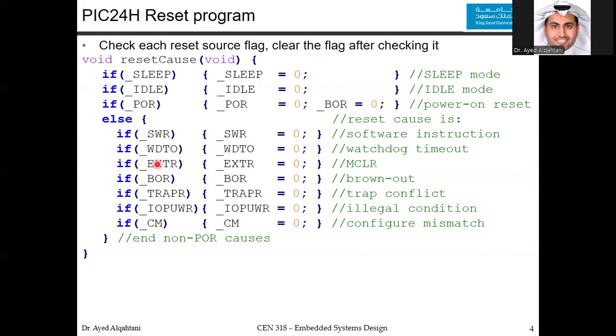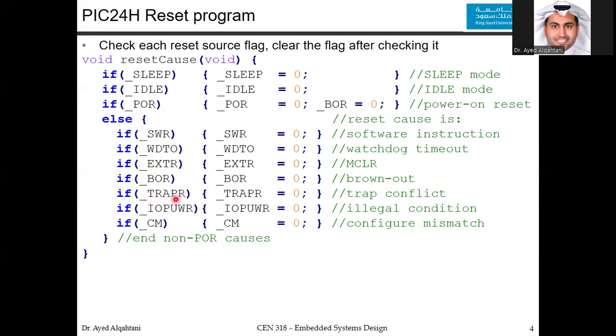When I say asserted, I mean its value is going to be equal to 1. Underscore BOR, that's the brownout, and we will see it next after we explain the power on reset timing diagram. We will check the brownout reset timing diagram, and we will see the difference.